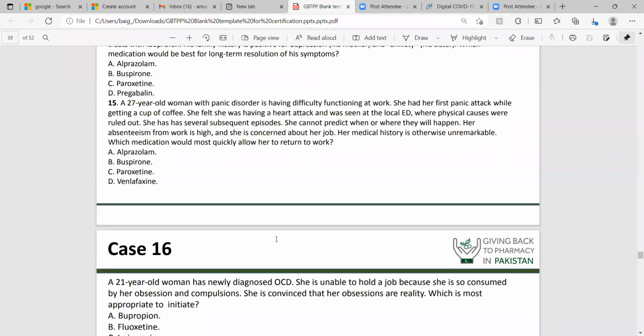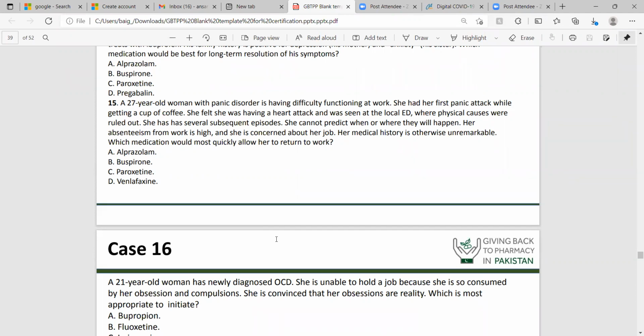She cannot predict when or where they will happen. Her absence from work is high and she's concerned about the job. Her medical history is otherwise unremarkable. Which medication would most quickly allow her to return to work? Options are alprazolam, buspar, paroxetine, and venlafaxine.